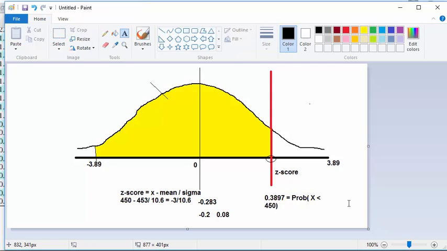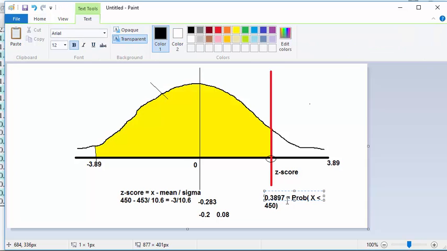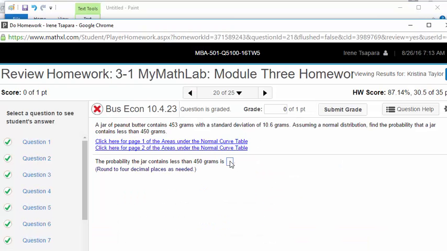This is your probability. 0.3897 is the probability that your z is less than negative 0.283, which corresponds to a jar that has weight 450. So that's your probability, 0.3897. This should be the answer that you are going to enter in this problem right here.